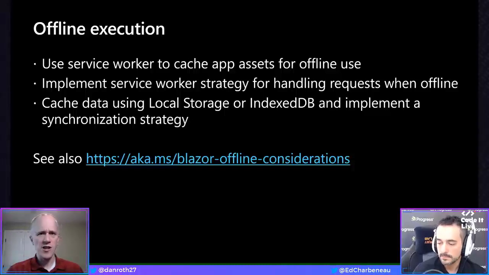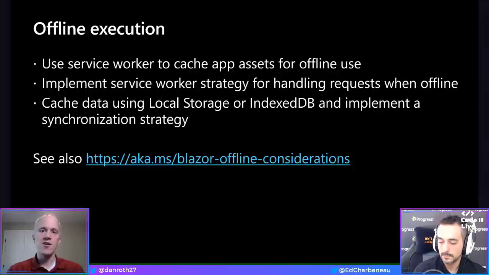That tends to be a little unreliable because the check for detecting if you're really online can be a little flaky. Like maybe you're online, but the network is just really terrible. So the caching strategy that we give you out of the box in Blazor is a cache first strategy. If we have a cached version of the files, then we'll use those. If not, then we will go online. And of course, there's always that update check to see if a new service worker has been installed, so that a new cache can be established.